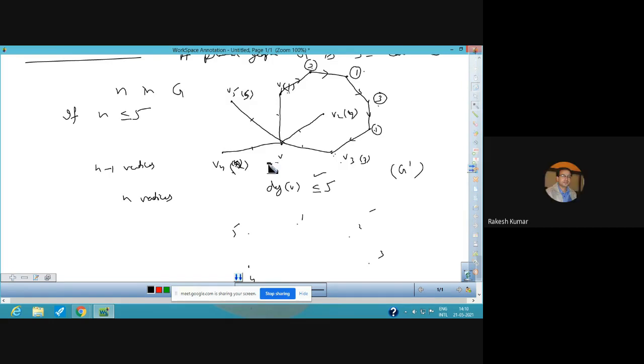Interchange the color of all vertices connected to V2, so we can interchange giving color 4 to V2, color 2 will be given, sorry कलर 4, इसको 2 की जगह 4 ही रहने दीजिए कलर। अब ऐसा करने से क्या हुआ, thus we can color V with color 2. Now ये जो बड़ा वर्टेक्स है इसको अभी तक हमने कलर नहीं करा है, now this vertex can be colored as 2.